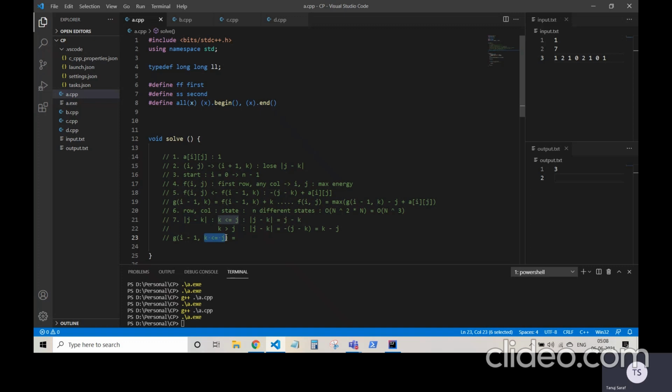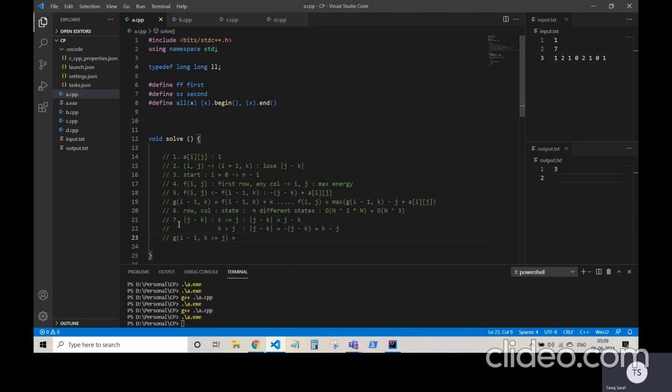I want to find out this value, and this is nothing but f of i minus 1 comma k plus k. That is the case when k is greater than j, but over here k is less than or equal to j, so we want to take the minus k contribution. So this was the case that I explained, but over here we basically want two different functions.